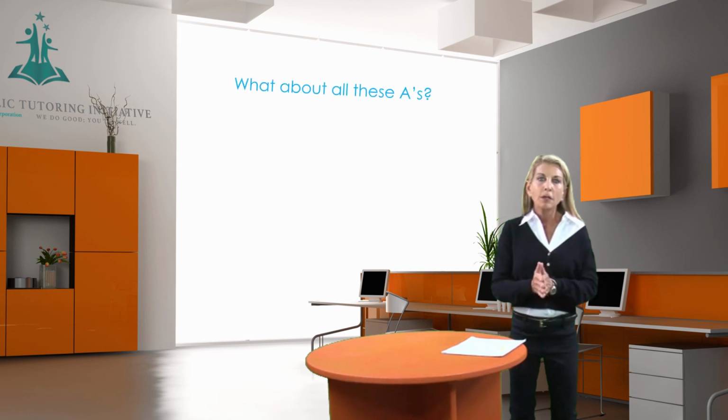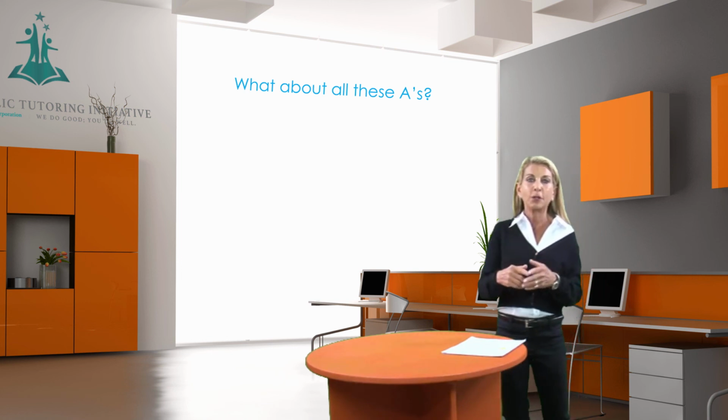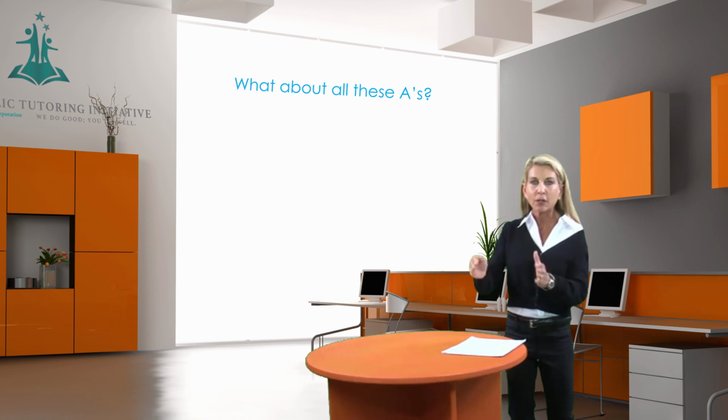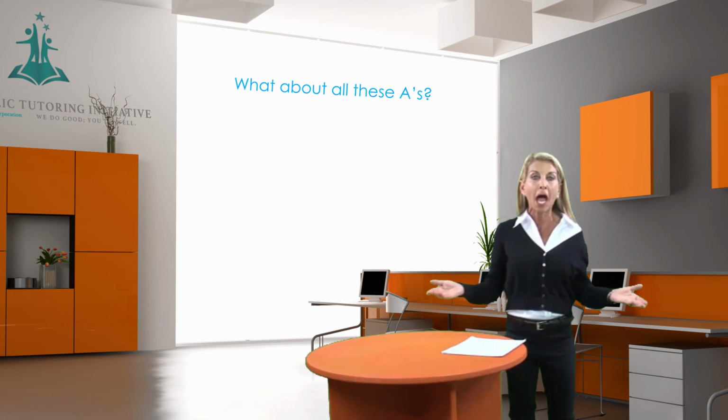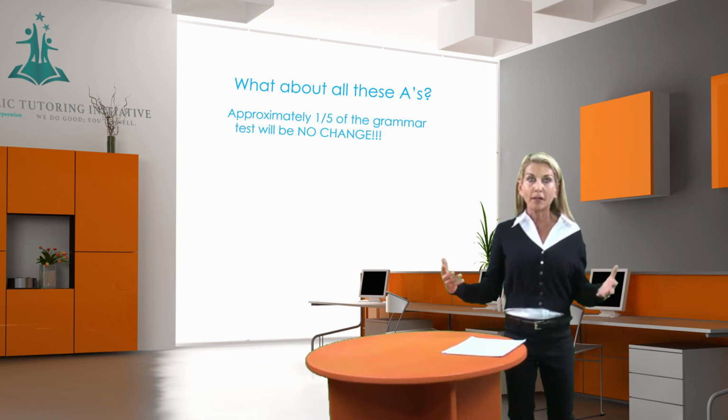Now, some of you might be saying, dang, Mrs. Arts, there are so many A's on this test, or F when they do that FGHJ thing. That's what they do to help keep your answers bubbled in correctly. So it's actually a nice thing. It's not supposed to be as confusing as it sometimes is. Well, yes. The approximate number of correct as written is 1 out of 5. I said that in one of the initial discussions with you.